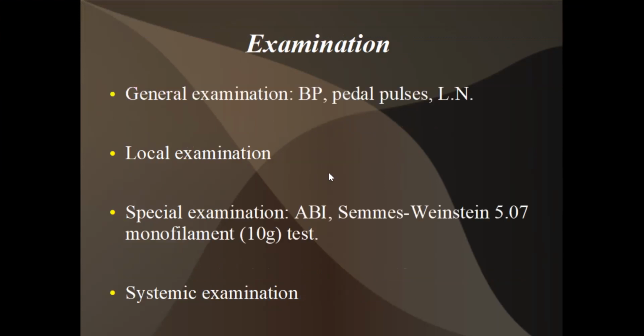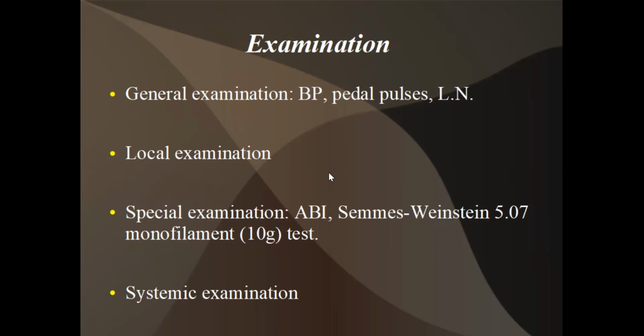Then coming to the examination part, in general examination, we have to take three important parameters: blood pressure, which is known for the Martorell ulcers, which are seen on the inner side, meaning the medial aspect of the distal part of the lower limb, and pedal pulses, bilateral, posterior tibial artery and dorsalis pedis.